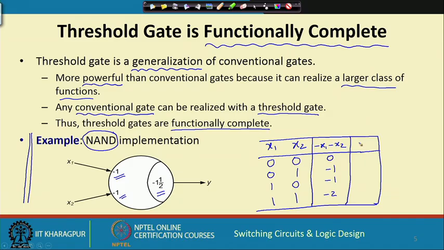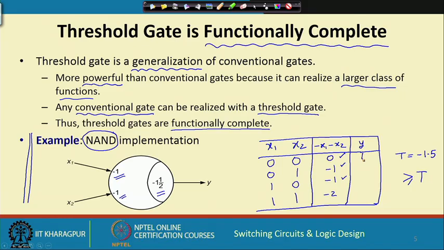So, what will be the output y? The threshold here is -1.5. If the weighted sum is greater than or equal to T, then the output will be 1. In this case, you see the first 3 are greater than -1.5, and -2 is less than -1.5.